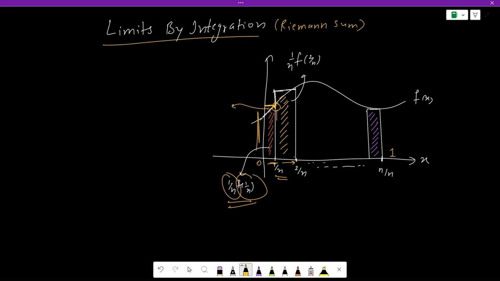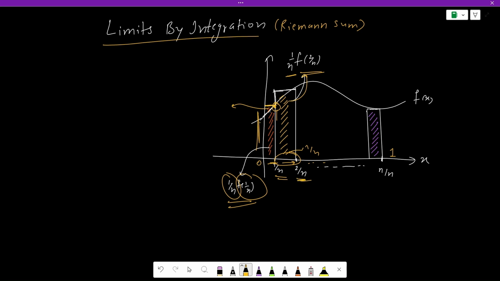Similarly, we create all the rectangles, and now the second rectangle will have area 1 by n, as this thickness is 1 by n, into f of 2 by n, because we have the value 2 by n here.